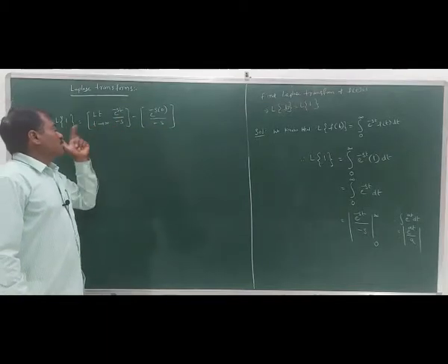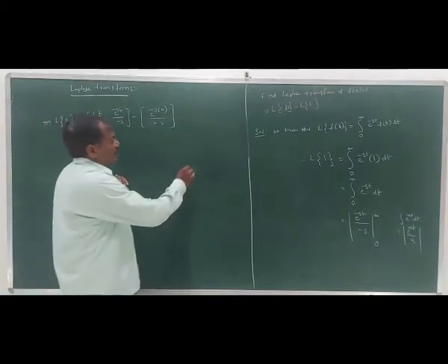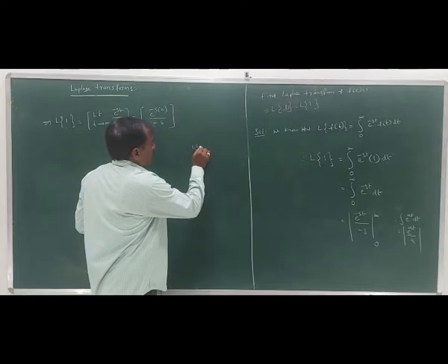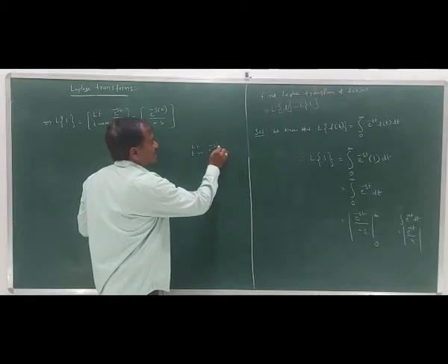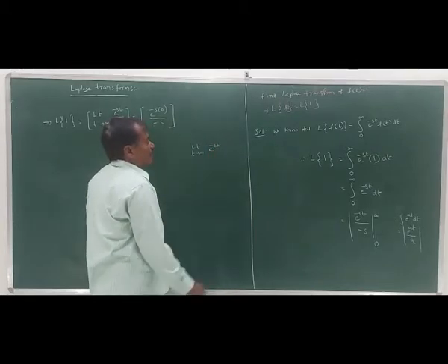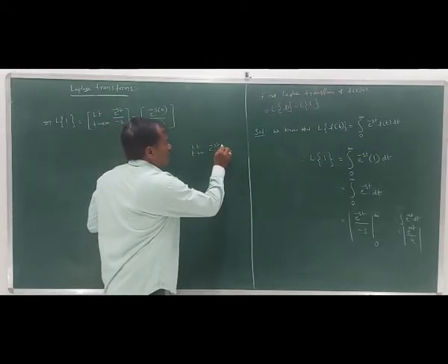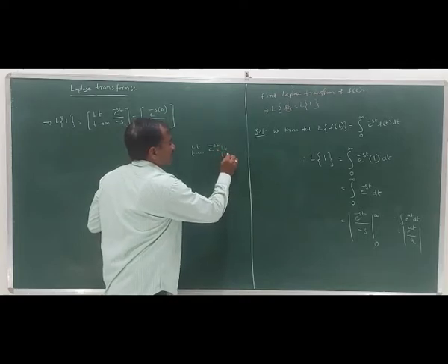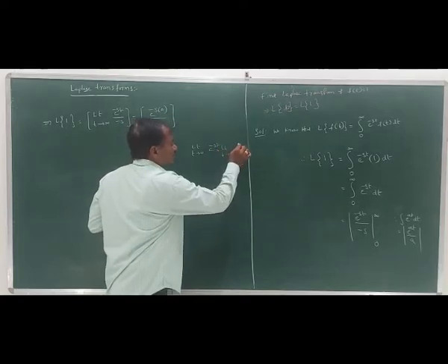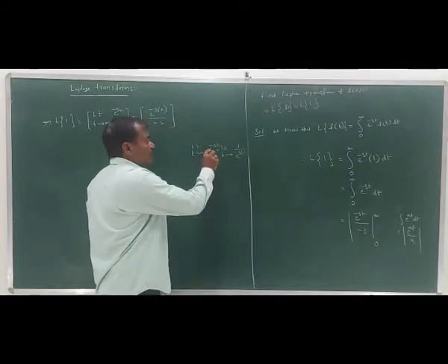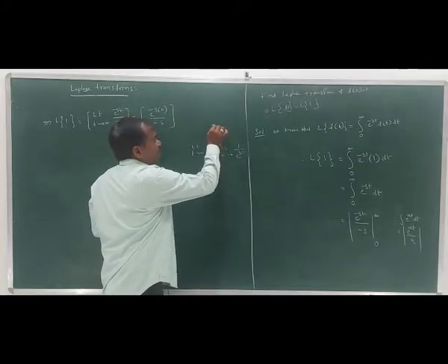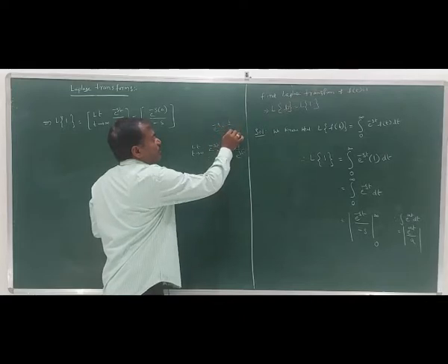Now we have to check this value: the limit as t tends to infinity of e to the power of minus st. This is equal to the limit as t tends to infinity. It can be written with e to the power of minus x equal to 1 by e to the power x.